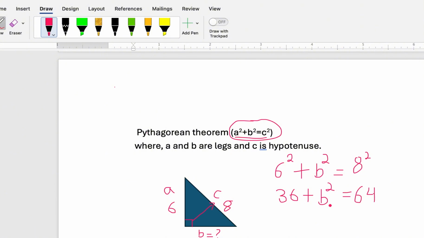Now my goal is to find the B, because that's what we're looking for, and I have 36 plus B squared, so we're trying to solve for B. I have to get rid of this 36, so I'm going to use the solving method, reverse order of operations. It's plus 36, so I have to subtract 36 from both sides.